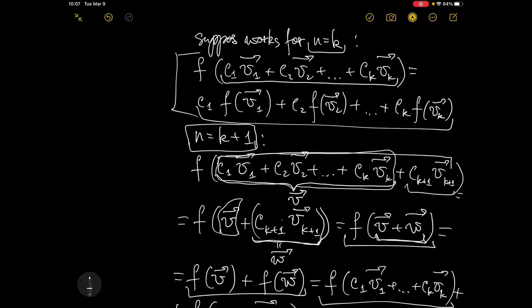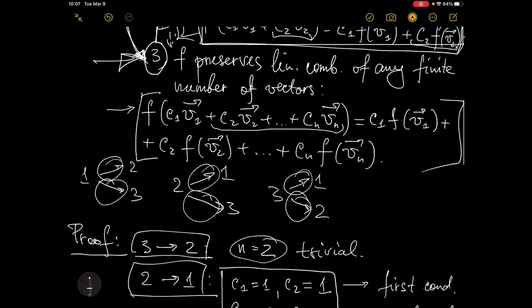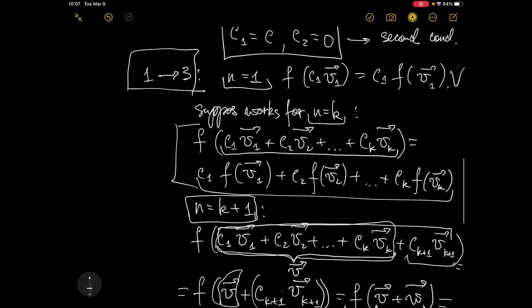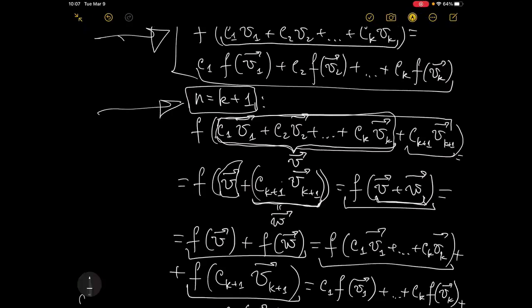So now I need to use only statement 1, which means these two conditions, and the so-called induction hypothesis. When I said suppose it works for n equal to k, to prove the statement for n equal to k plus 1.